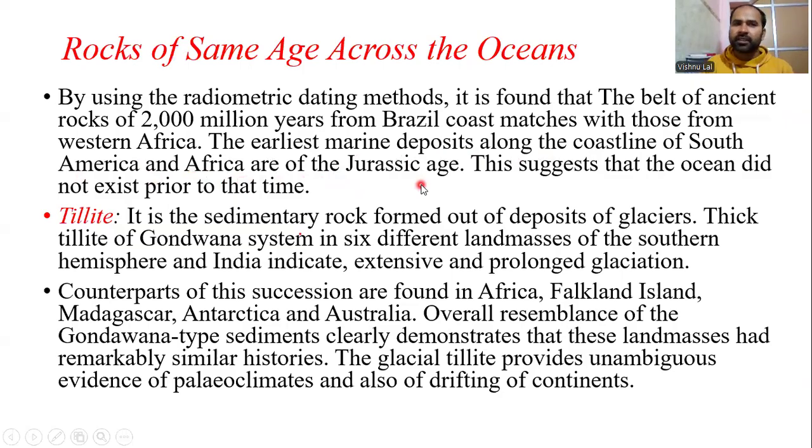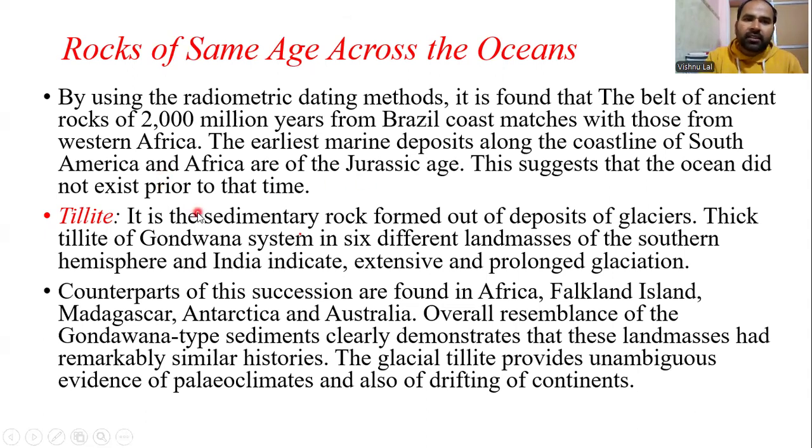So first thing, rocks of both the continents belong to the same age, as well as marine deposits also belong to the same age. So this proves that both the continents were joined together in the geological past history of the Earth.